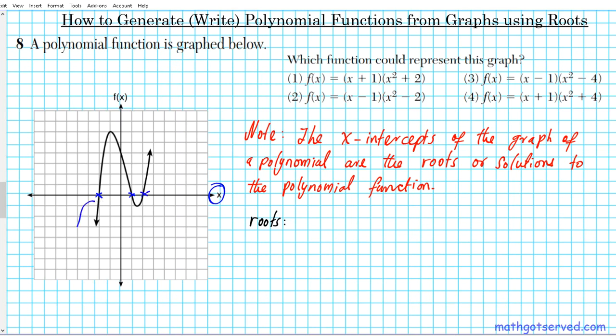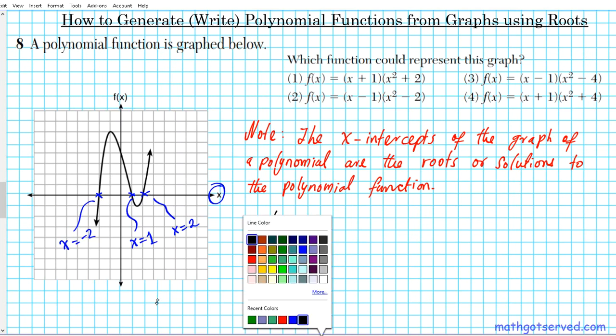So this value is -2. This one is 1. And this guy right here is 2. So we have 3 roots or solutions or x-intercepts to this polynomial function.